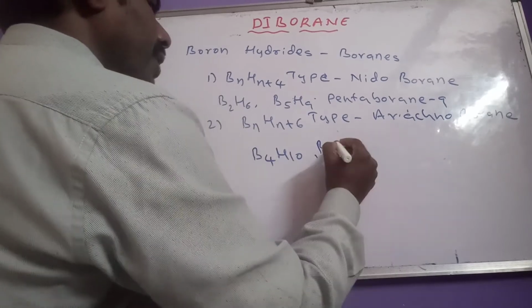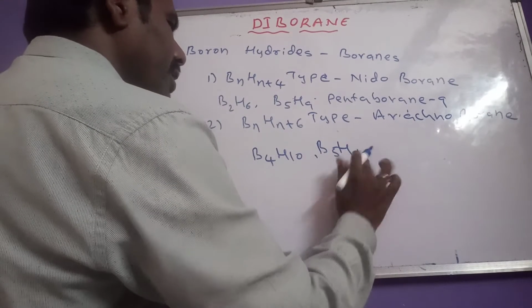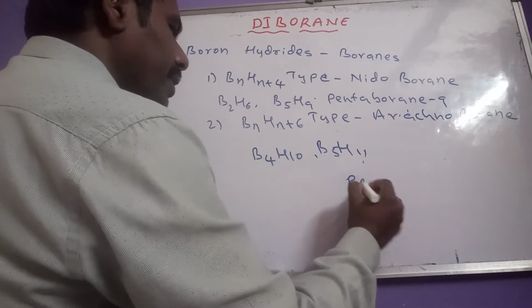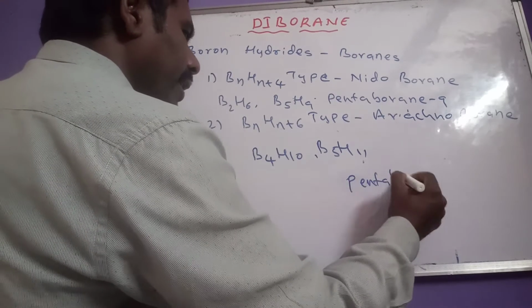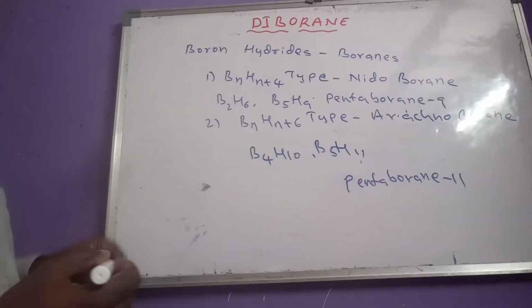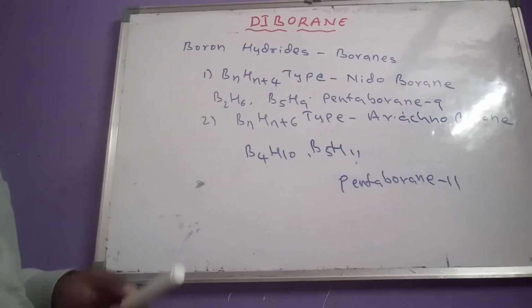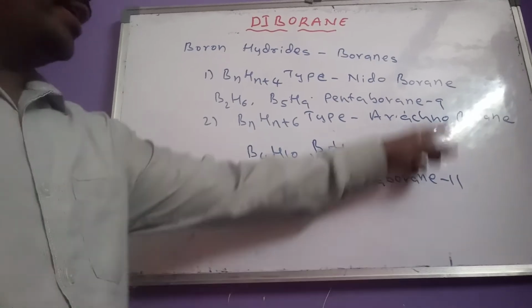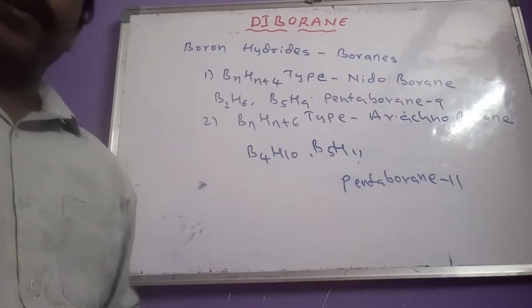Because in both of these two types pentaborane is present, but to differentiate the pentaborane from one type to another type, it is needed to indicate that 9 and 11.